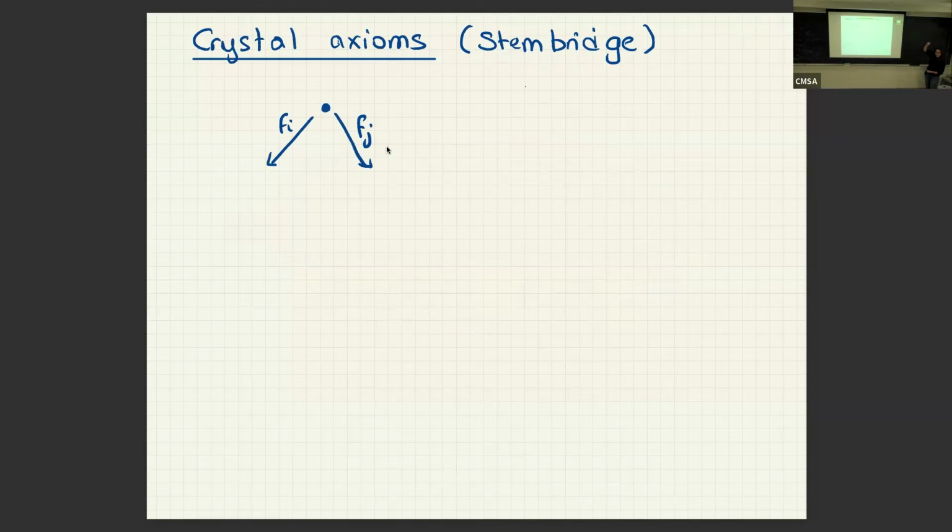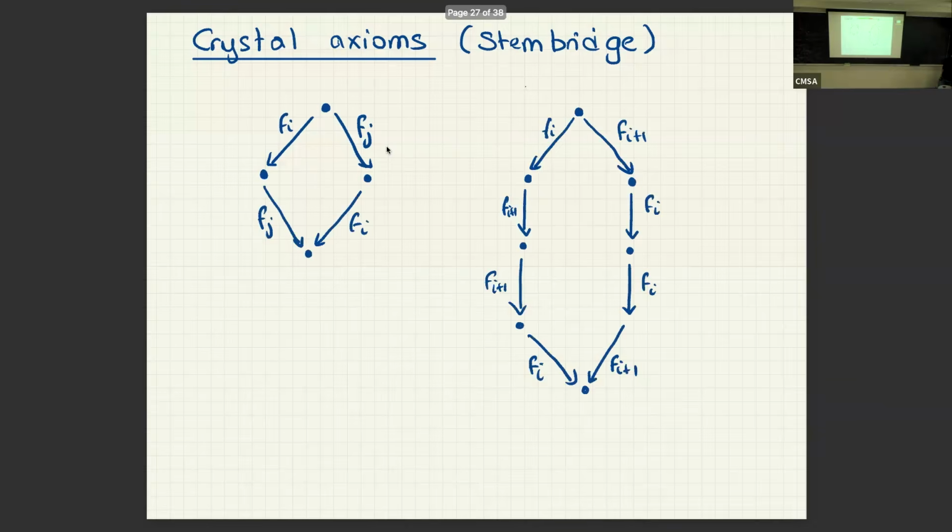Whenever I have a vertex with two exiting edges labeled f_i and f_j, first f_i and f_j have to be different. But then you know that things are going to meet again later, and they can meet in only two ways: they can make a square or they can make an octagon. Those are the only two kinds of patterns you can see in a crystal graph.